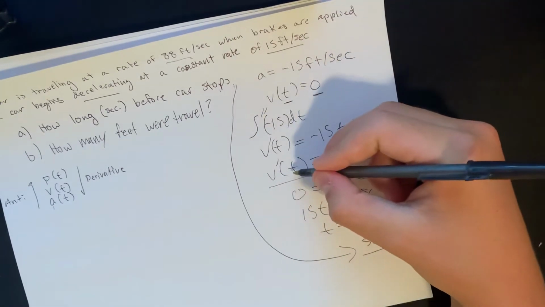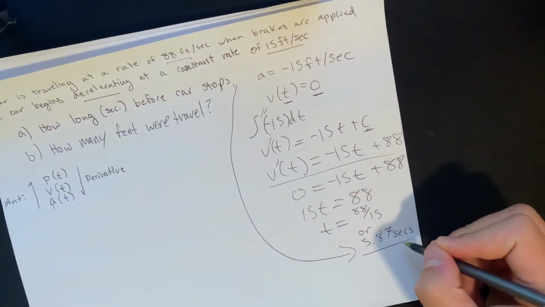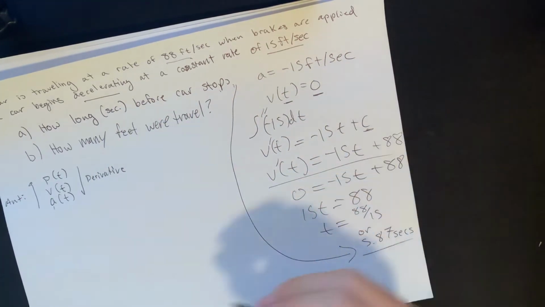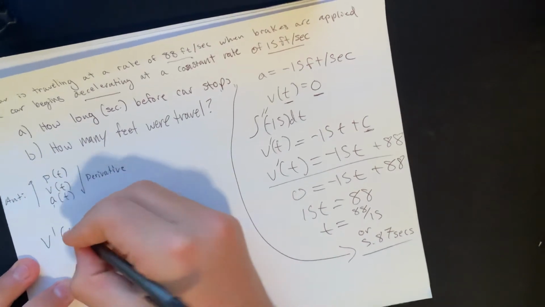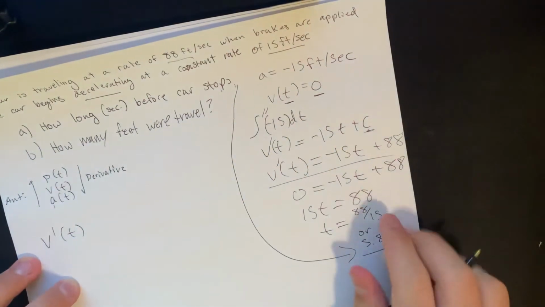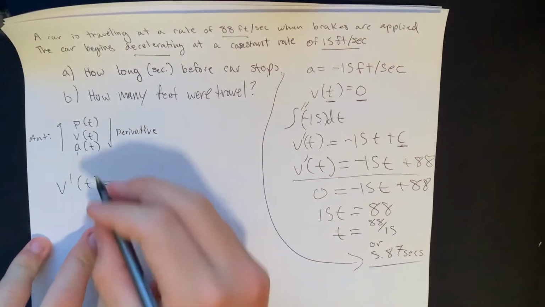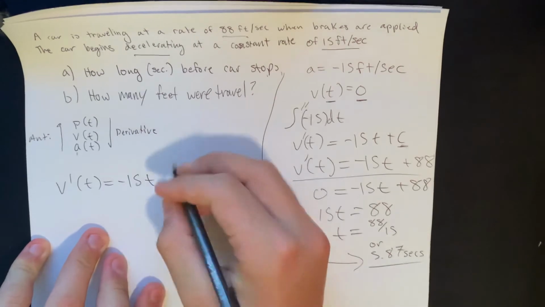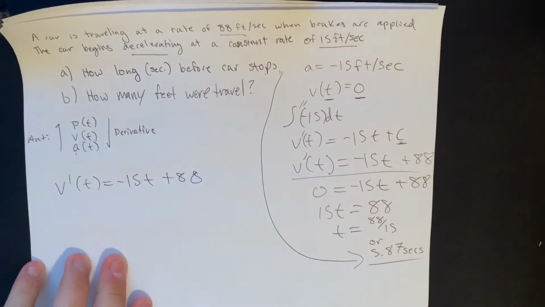And then we can take the antiderivative of this in order to get the position, and then we can plug in the amount of seconds traveled in order to get that position. So we're going to take the v prime of t, and we're going to make that equal to negative 15t plus 88. From this, we can take the antiderivative.